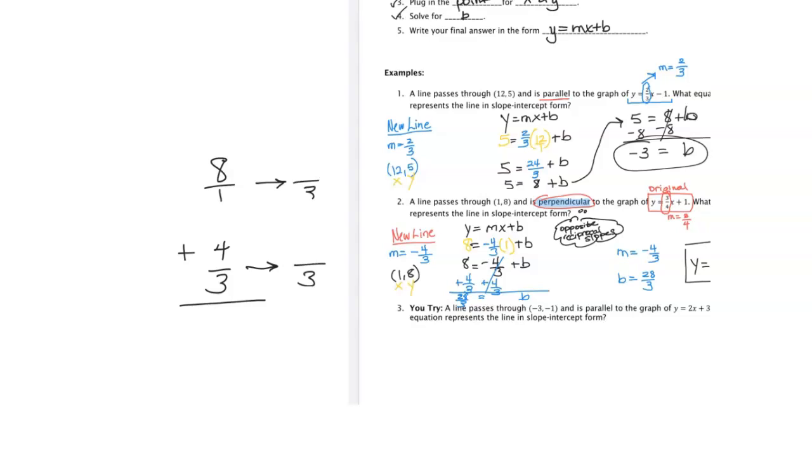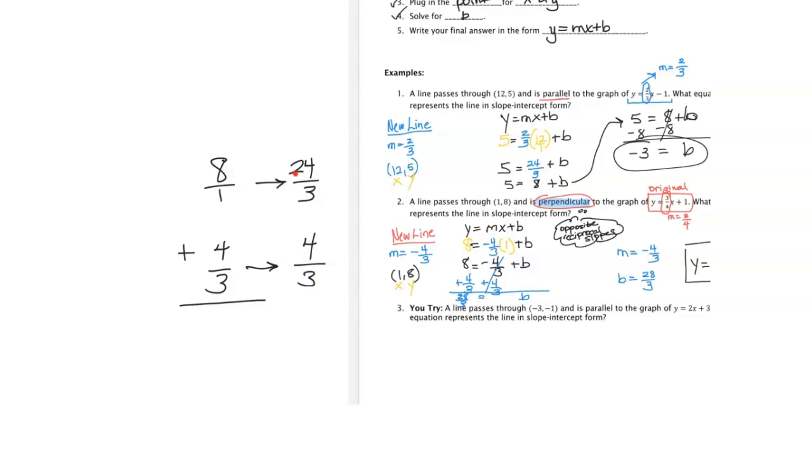So in this case, 1 goes into 3 three times. 3 times 8 gives us 24. 3 goes into itself once. 1 times 4 gives us 4.